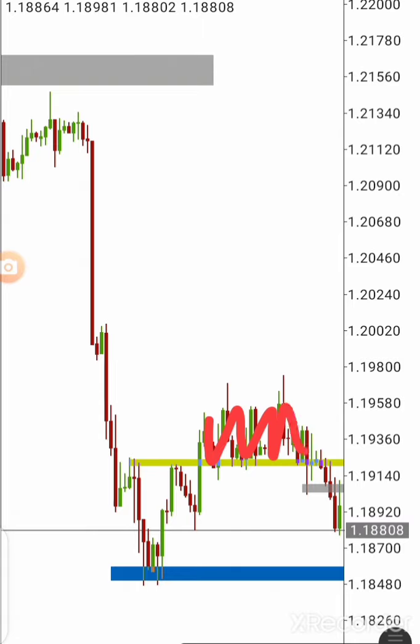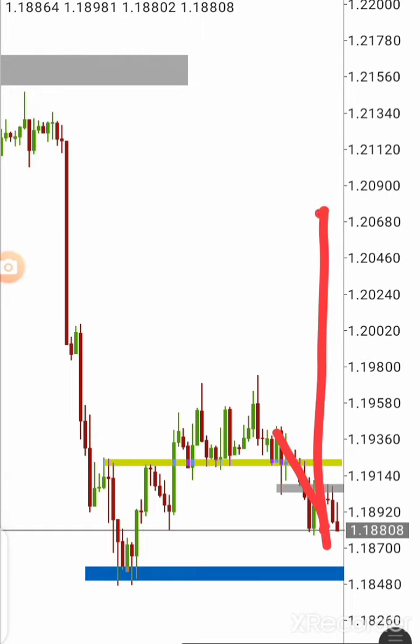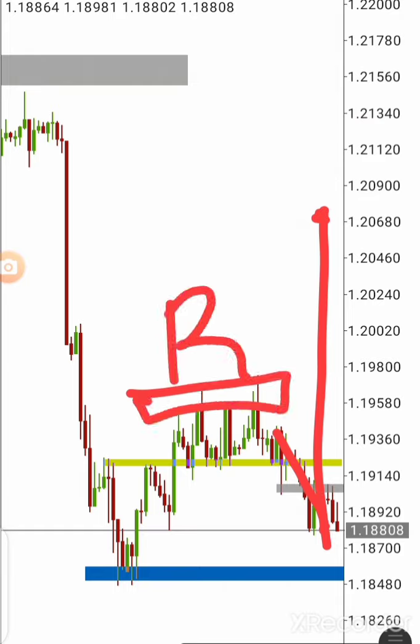It didn't make a higher high, neither did it make a higher low. And then after stalling for a while, price broke back right through that zone, and it's still trying to respect that zone. It hasn't broken out yet. Until price breaks out, this place remains a resistance, a ceiling. And until price breaks out of this place, it remains a support.